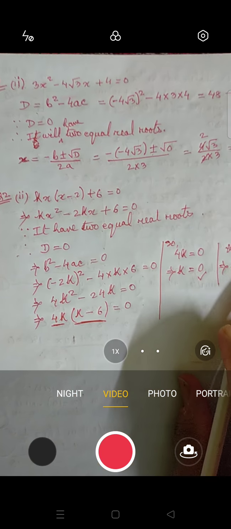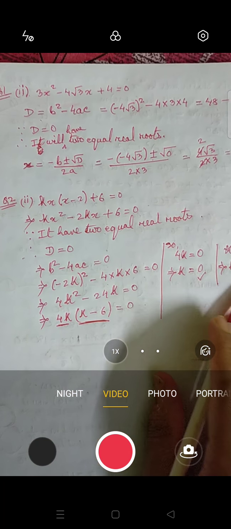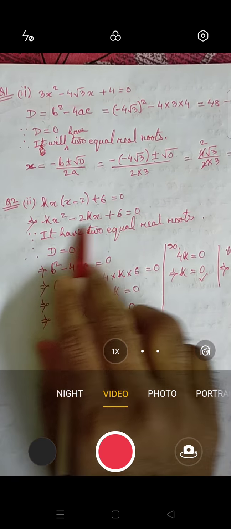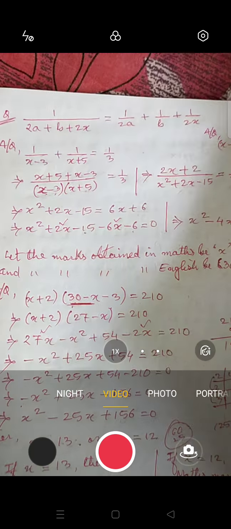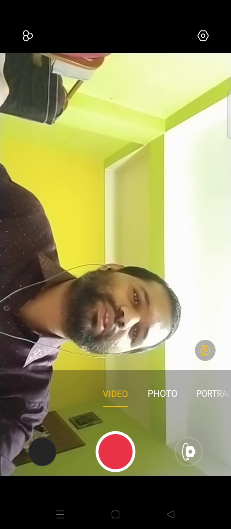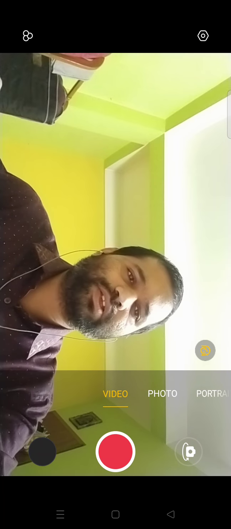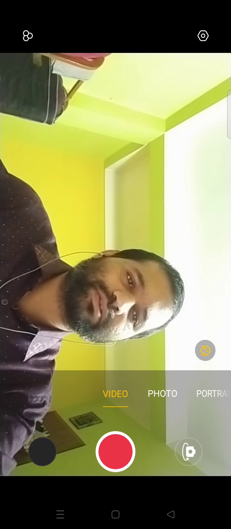Understood? After substituting the value of k here, we'll be getting some equation. So first of all, you will say that ignoring k is equal to 0 because it does not satisfy the question.